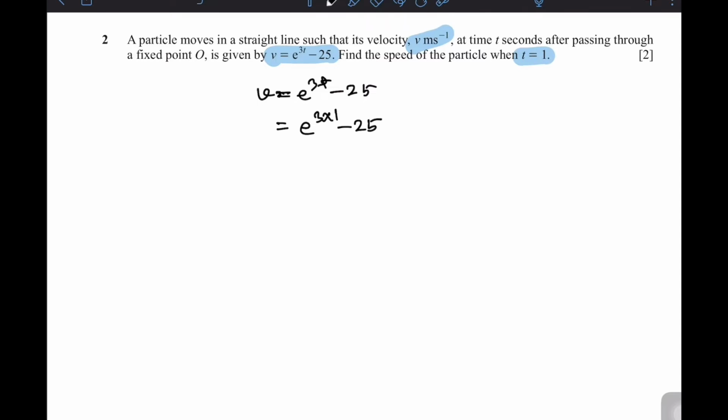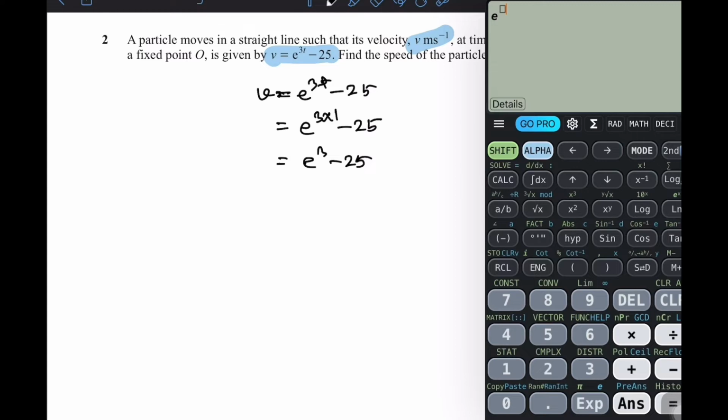Let me use the calculator: e to the power 3 minus 25. So v equals minus 4.91 to 3 significant figures. So the speed is 4.91 meters per second.